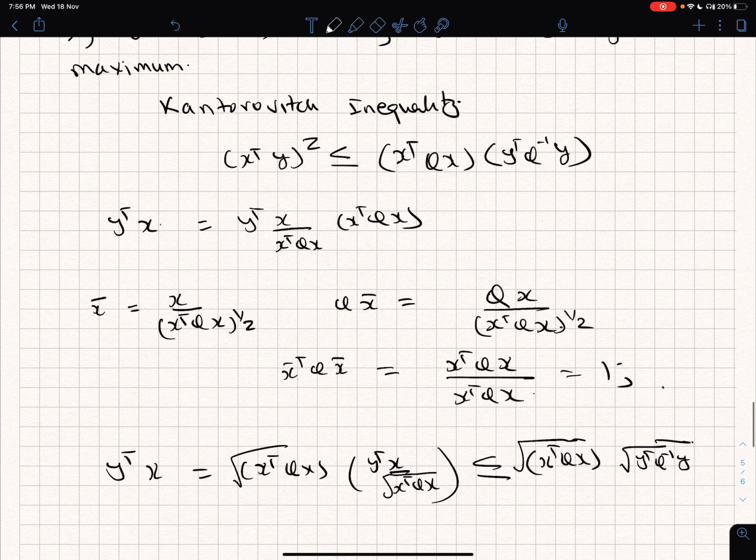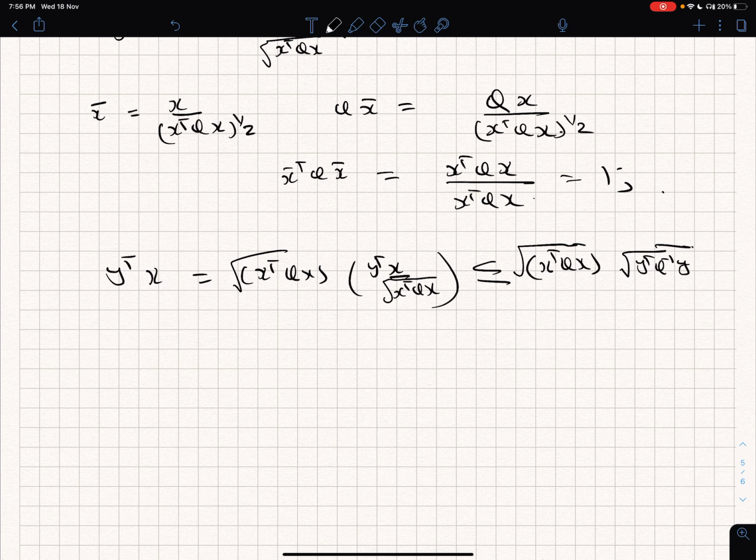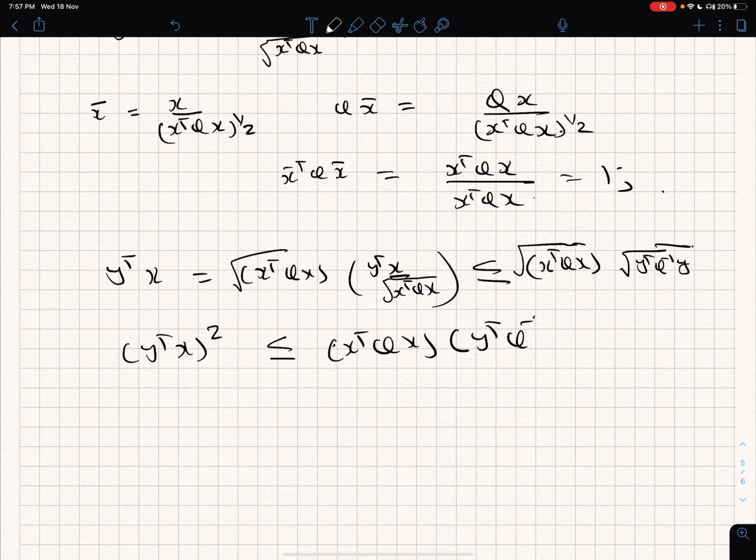Okay, so I have pre-multiplied and divided it by this, and this inequality now follows from our just derived optimality condition. Hence (y transpose x) whole square will be less than or equal to x transpose qx into y transpose q inverse y, and this proves the beautiful Cauchy-Schwarz-type inequality.